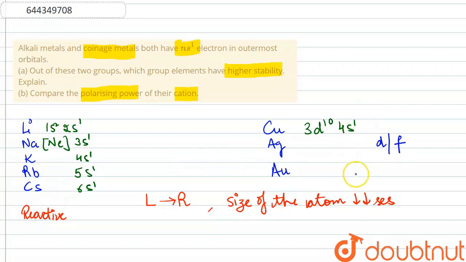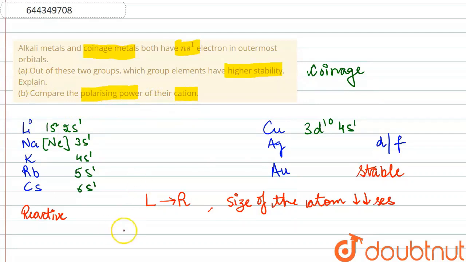Whereas these coinage metals, because the electrons are tightly held, are more stable, right? So out of the following, we have been asked which one has higher stability. So let me write down that coinage metals have higher stability.